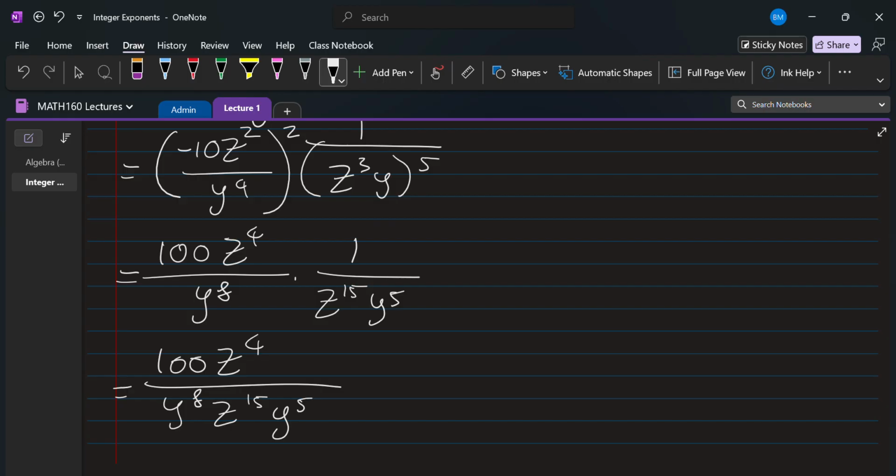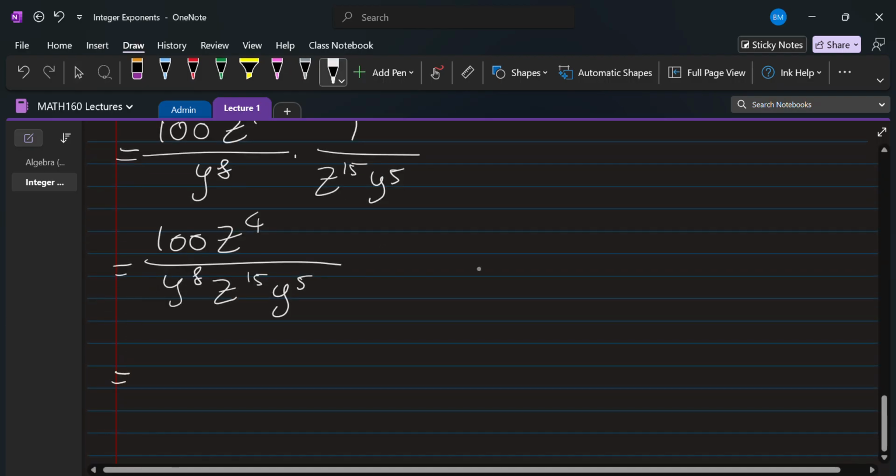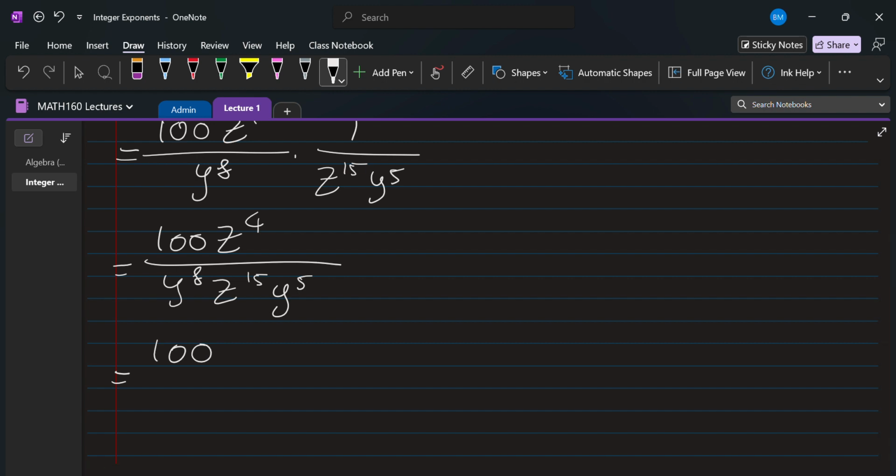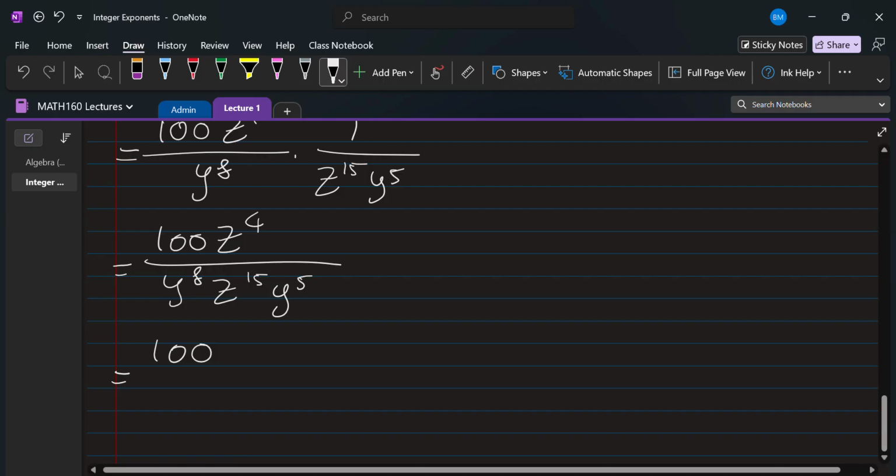So 100 z to the 4 over y to the 8, z to the 15, y to the 5. Just putting that all together. Now we've got some common variables there. We've got z at the top, z at the bottom. We can simplify that. And in the bottom, we've got y to the 8 and y to the 5. We can simplify that. So this will be 100.